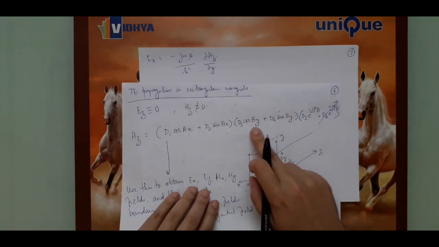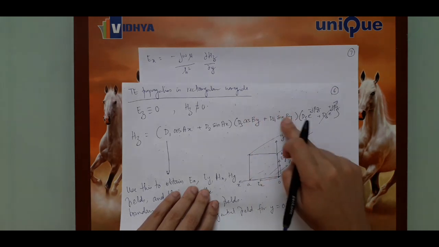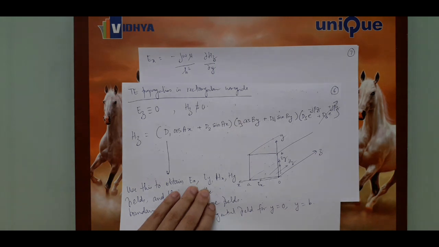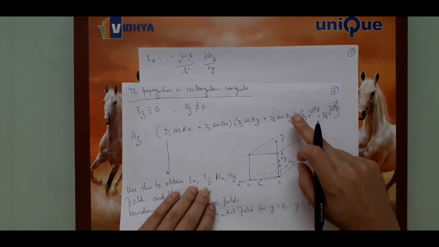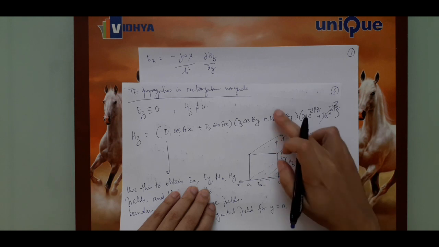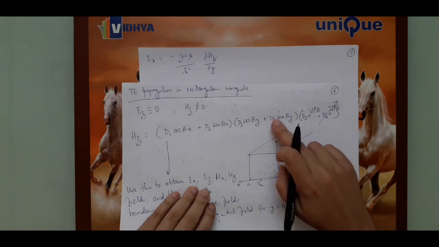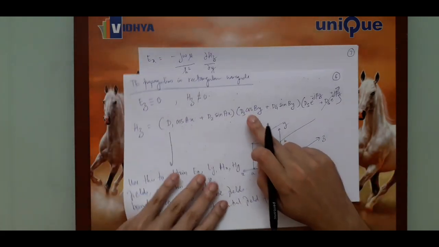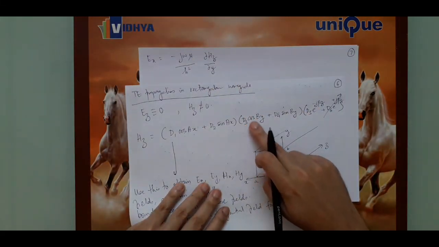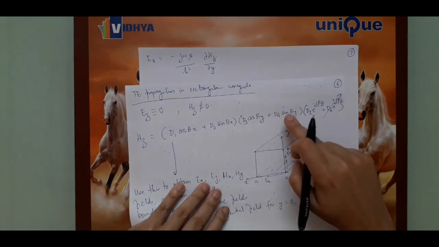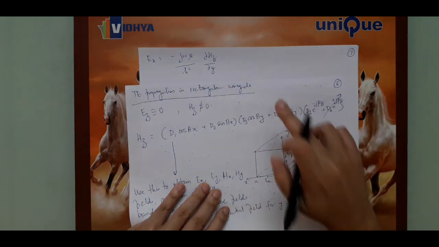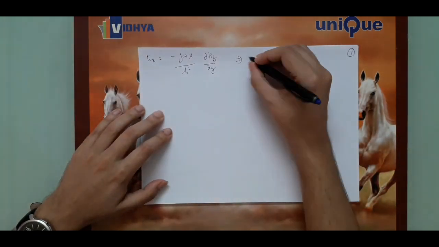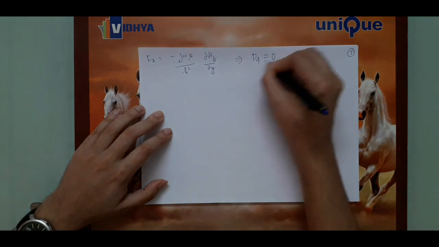If you differentiate with respect to y, this cos will become a sine term and this sine will become a cos term. So when y becomes 0, this anyway becomes 0. But for the field to die out, the D4 must be made 0, because by differentiating, we will get D3 sine term plus D4 cos term. So the cos term must go to 0. From this you can easily prove that D4 will identically become 0.